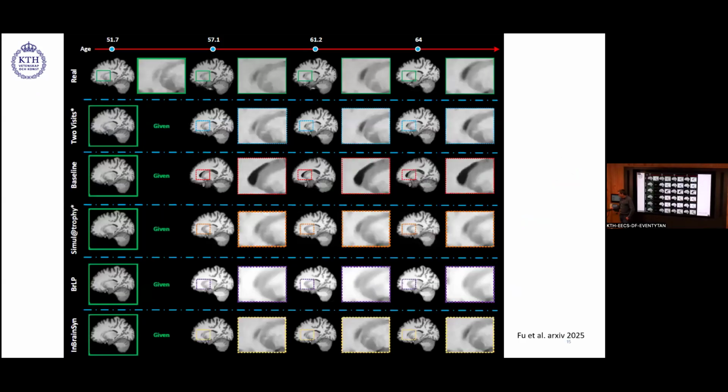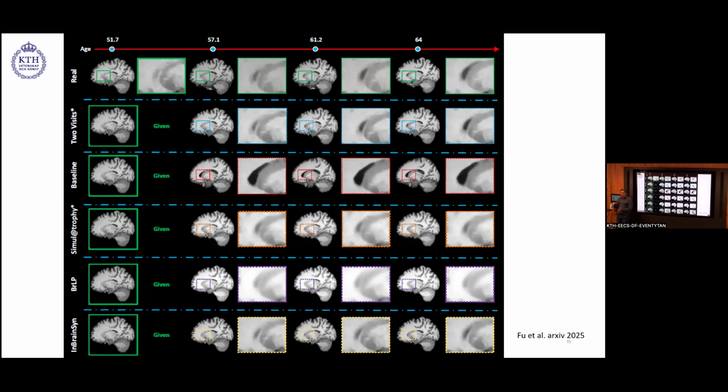And here is a comparison of results. Here we have some publicly available dataset, and in this specific case we had access to 4 time points of the same person.